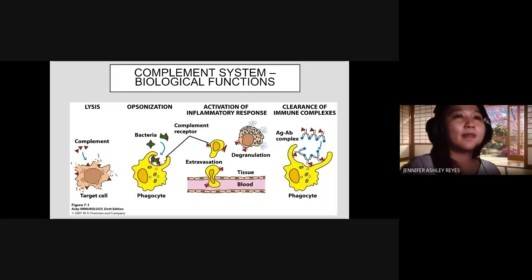Okay? So, aside from that, yung complement natin na mga proteins can also help in the activation of the inflammatory response. So, anong mga parts of activation ng inflammatory response? So, pwedeng pag nag-attach siya doon sa phagocyte or immune cell, mas capable si immune cell magkaroon ng extravasation or pagpapunta siya doon sa site of injury or site of inflammatory process, anong tawag doon?